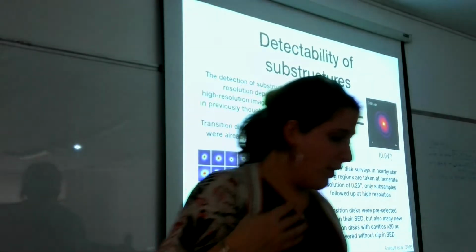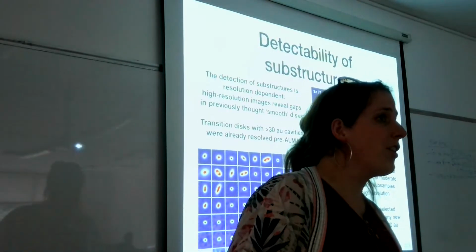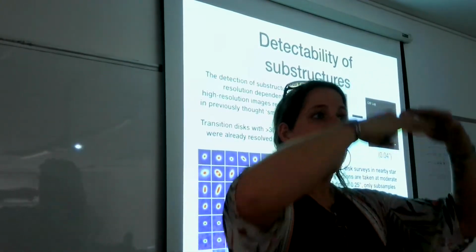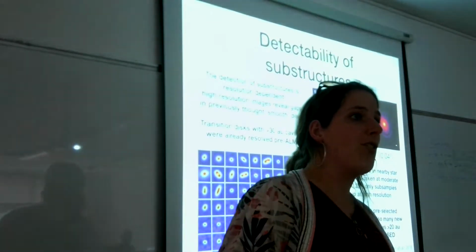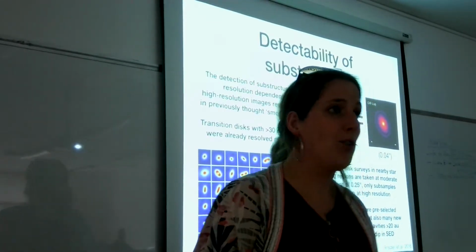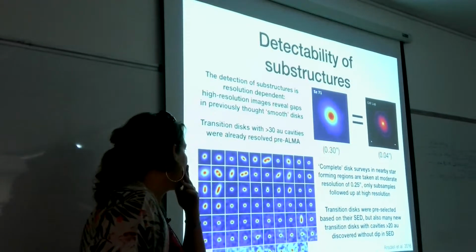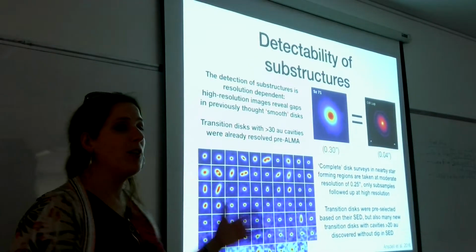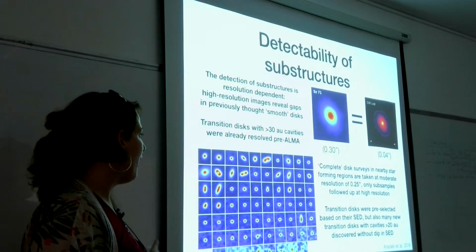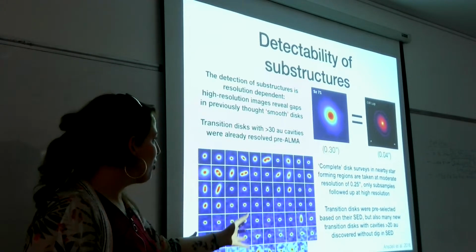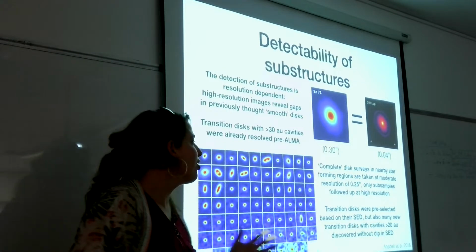If we want to say something about how often substructure occurs, we need to have complete samples, or at least complete representative samples, to say something about statistics. Unfortunately, the only complete disk surveys that we have with ALMA are these snapshot surveys that were taken at low resolution.